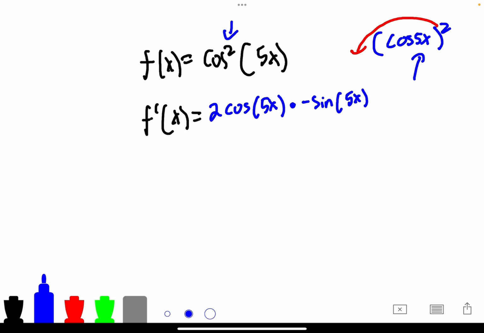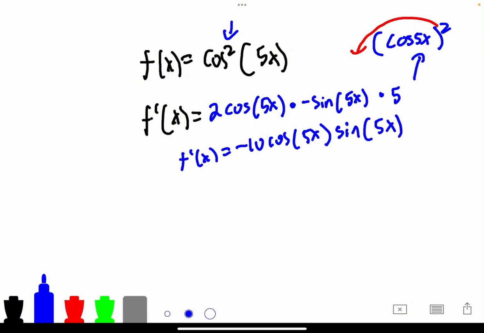But now, after this step, you can finally multiply by the derivative of the inside function, which is 5. So now we have f prime of x is equal to negative 10 cosine of 5x sine of 5x. So that would be the answer.